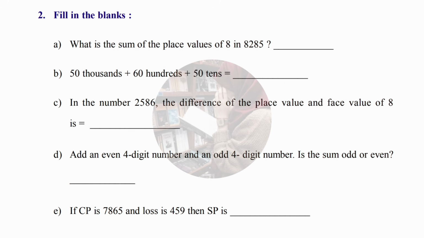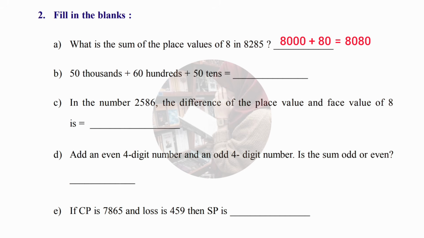Okay guys, understood? Now we'll move to the second one, which is fill in the blanks. Let's see first one. What is the sum of the place value of 8 in 8,285? So we have to show the place value of 8, which is 8,000. And the second 8 is in the tens place, 80. And for these two we have to sum, means we have to add these two.